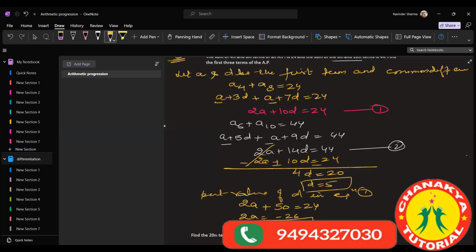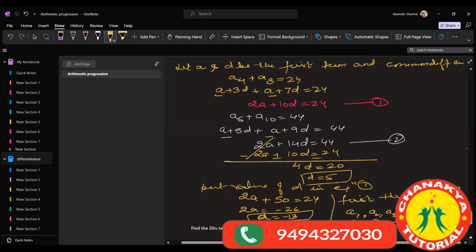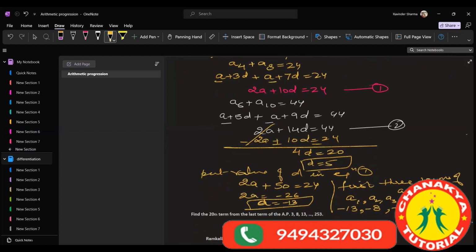Okay. Then your AP is the first 3 terms of an AP. First term will be minus 13, A1, A2, A3. So it will be minus 13. Second will be minus 13 plus 5, minus 8. Then next will be minus 8 plus 5, minus 3. Right, beta? Aryan, now you have got the solution, beta?